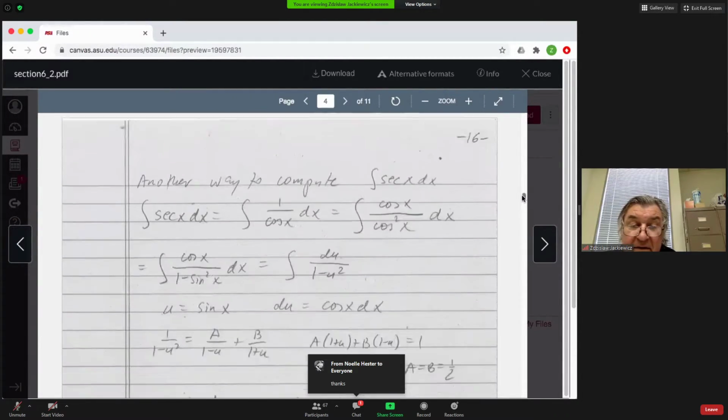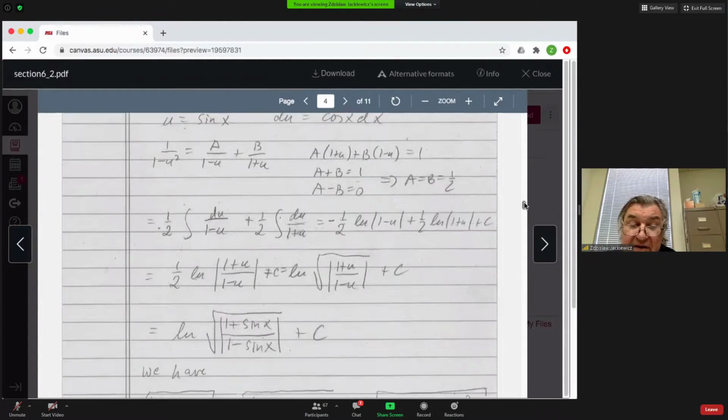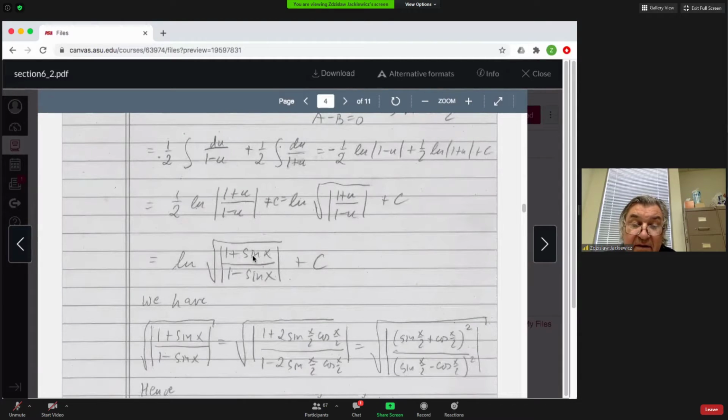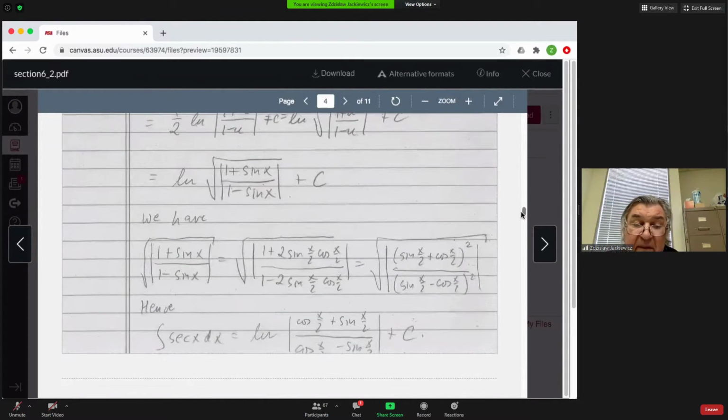And what we got now using partial fractions is ln square root of absolute value 1 plus sine x over 1 minus sine x. So now let me show you that what we got looks more or less like what we got using Mathematica. Okay, so let's work on this. Let's try to rearrange this. Let's work on square root, absolute value 1 plus sine over 1 minus sine.